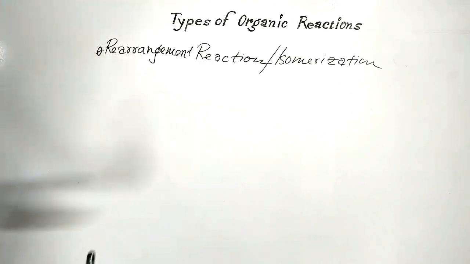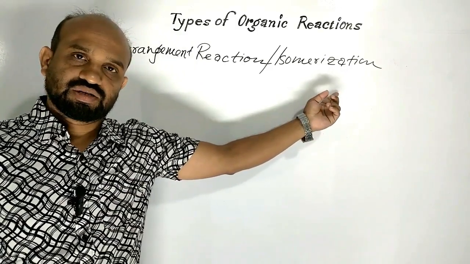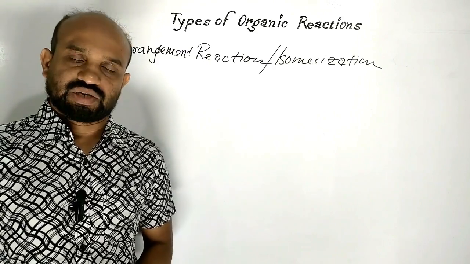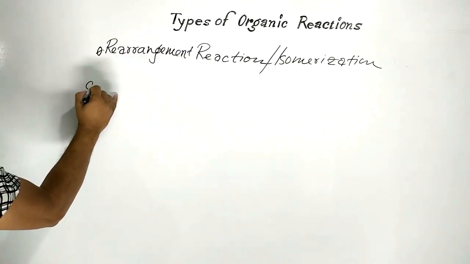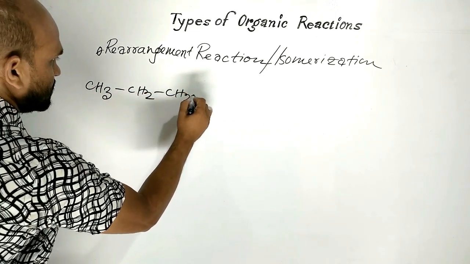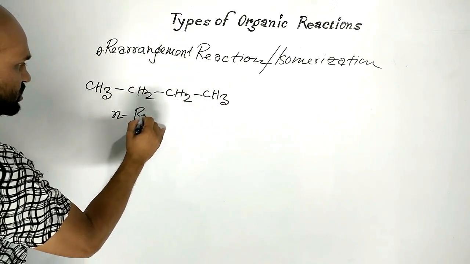Now, rearrangement reaction or isomerization. Let us see examples of the reaction. For this, let us take a compound, n-butane. This is n-butane.